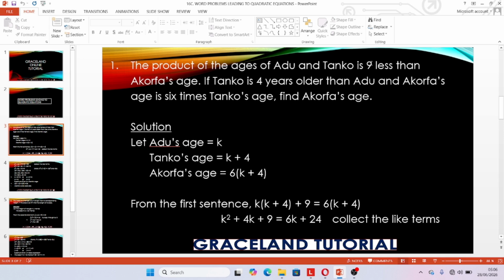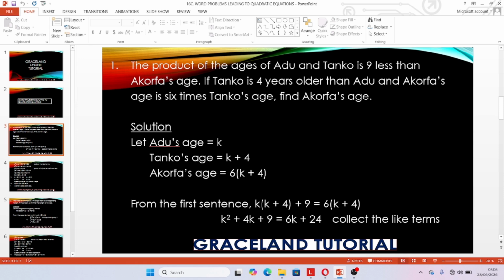Since it is 9 less than Akofa's age, we need to add 9 to that product in order to equate it to Akofa's age. So we are going to have K into K plus 4, plus 9, equal to the age of Akofa, which is 6 into K plus 4.